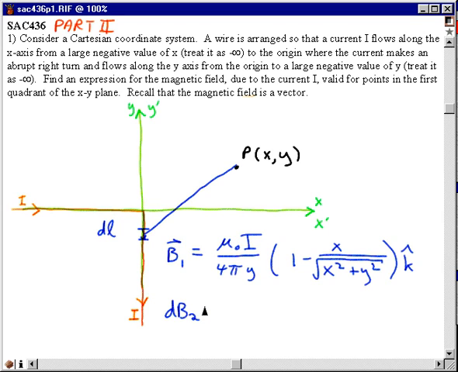So every component is a z component, and dB2 in particular will be in the positive z direction. I'll call this position vector for the point at which we wish to find the magnetic field, with respect to the little wire segment that we're dealing with, vector R2.